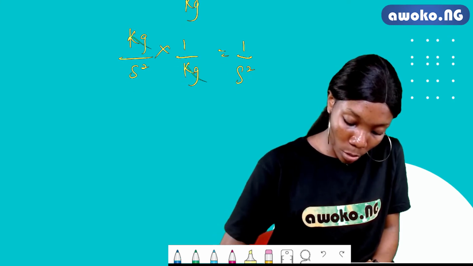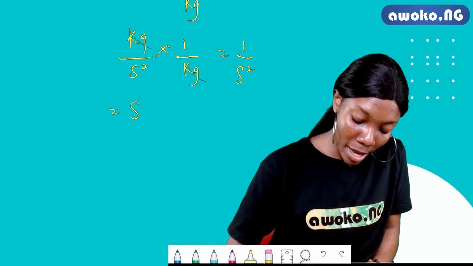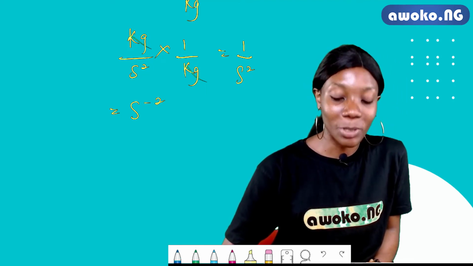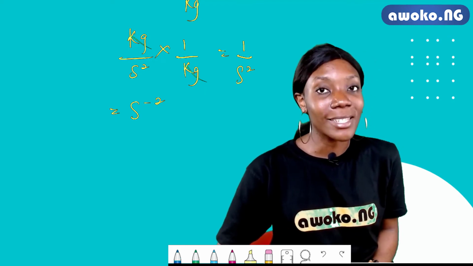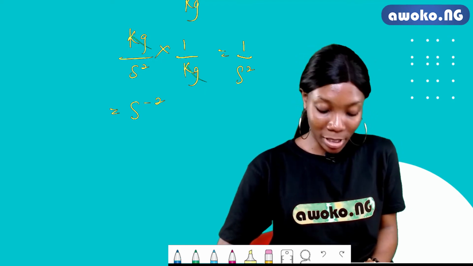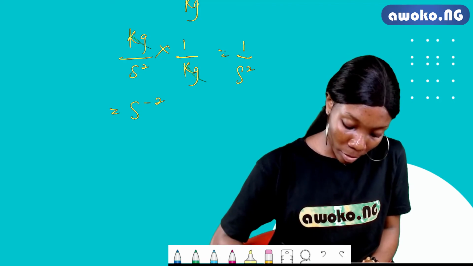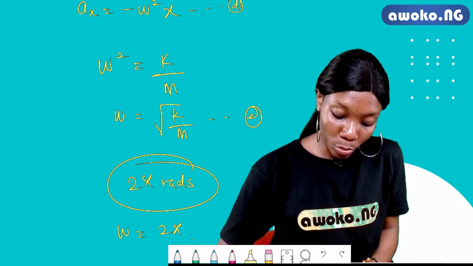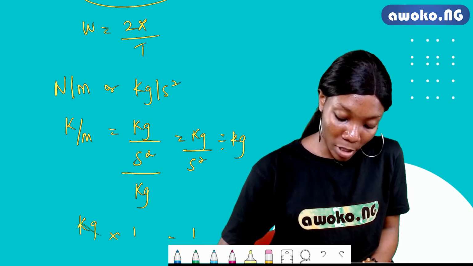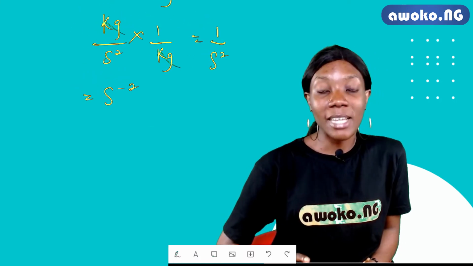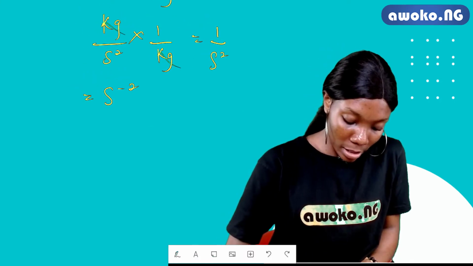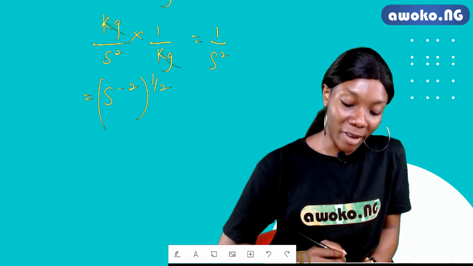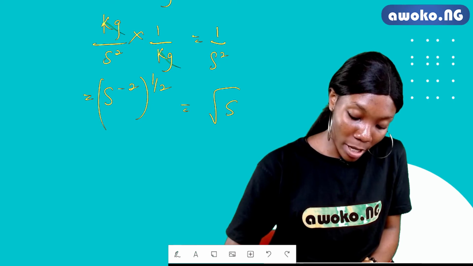So this is also equal to s to the power of minus 2, which is per second squared. That is how you interpret it. So if we take the root from the formula, w equals root k over m, right? If we take the root of this to get the exact units, we get, in brackets, 1 over 2. This is the same thing as root of s to the minus 2.